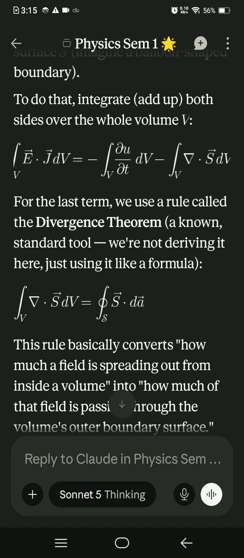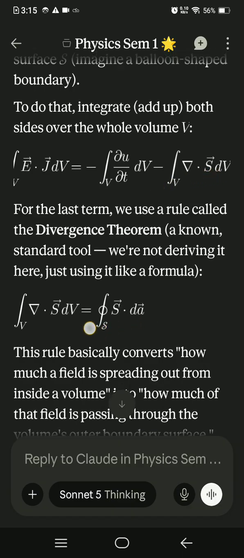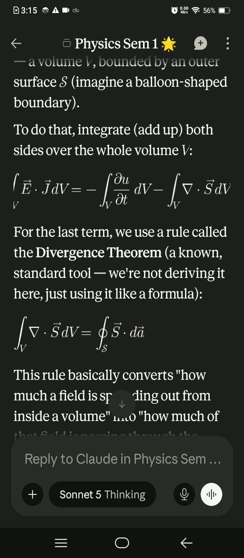For the last term, we use a rule called the divergence theorem. It is a standard tool, and we are not deriving it, just using it like a formula. So maybe this is the fourth thing that we are just using and need to memorize for the exam. This part can also be written like this.